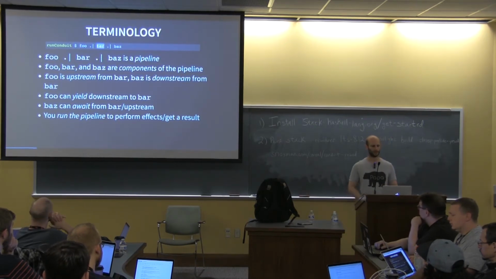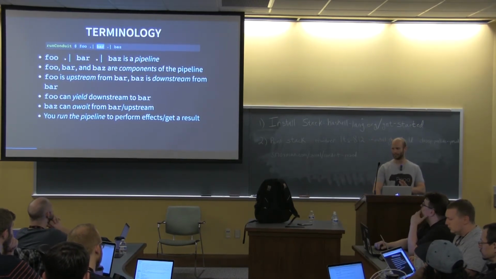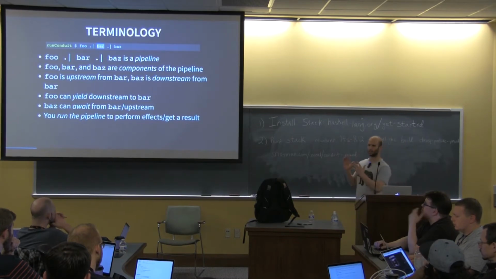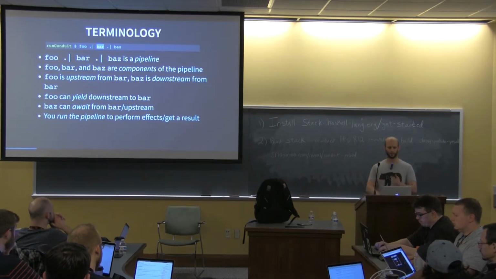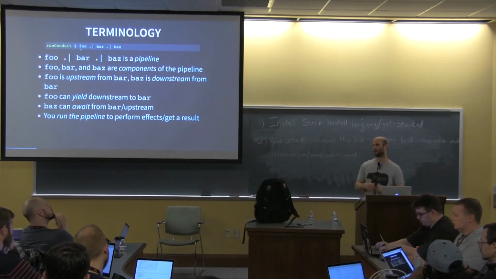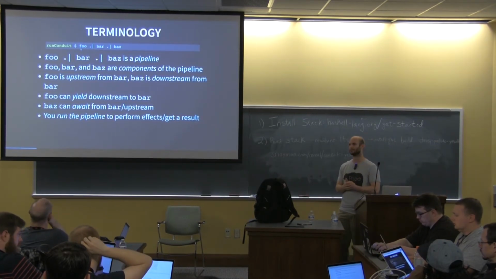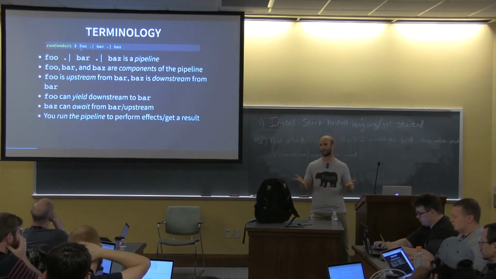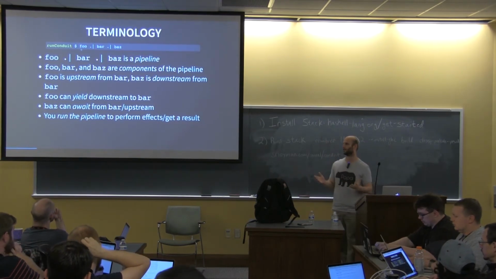That's intentional. If you get rid of these dots, and you're on a Unix shell, this would be saying run the foo process, take all of the output from foo and pipe it into bar, and then take all of the output from bar and pipe it into baz. You now understand Conduit. That's exactly what Conduit's doing, nothing more, nothing less.